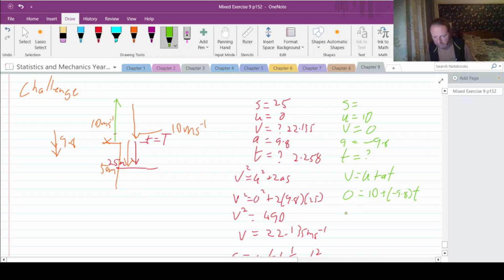So 10 divided by 9.8 gives us 1.02 seconds, which is equal to t. So it takes 1.020 seconds to get there, which means it takes 1.020 seconds to get down to here as well. So that's been doubled and we've got to there.